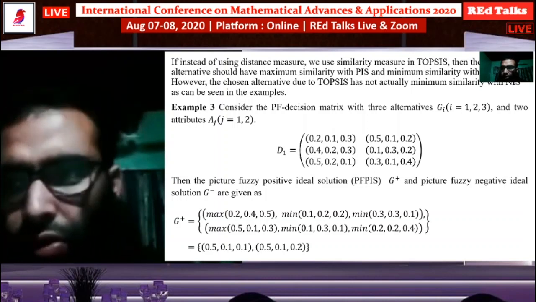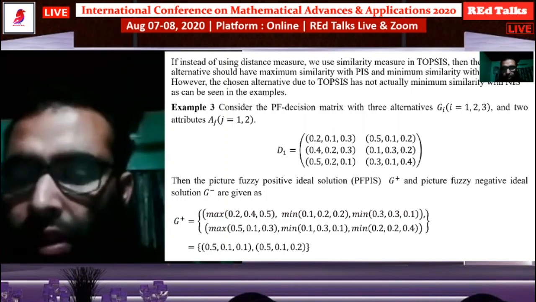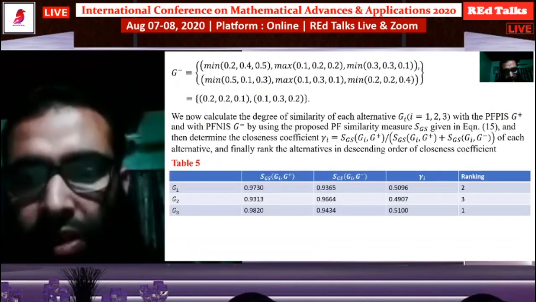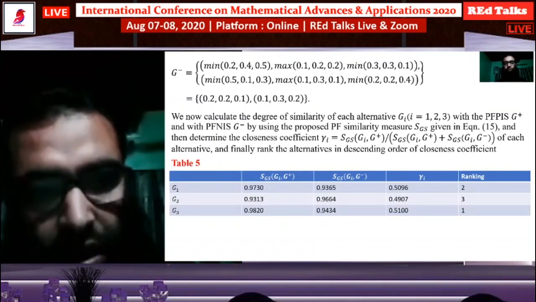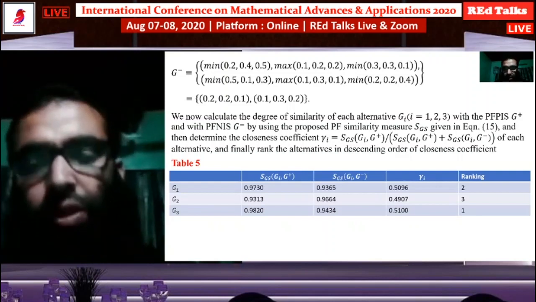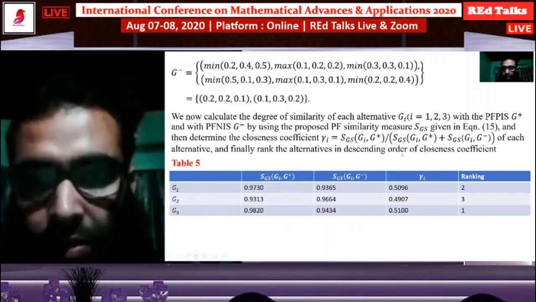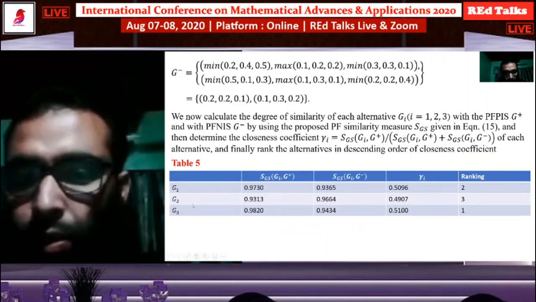If not, then we have to use the complement definition in order to arrive at the normalized picture physics decision matrix. After that, we have to calculate the picture physics positive ideal solution and picture physics negative ideal solution, written as this. Then we calculate the closeness coefficient, given by gamma, of each alternative, and finally we rank in descending order of the closeness coefficient.